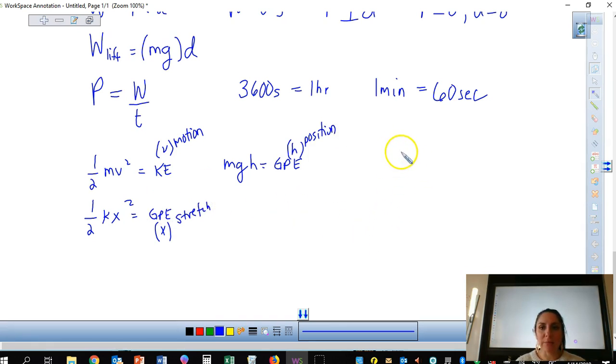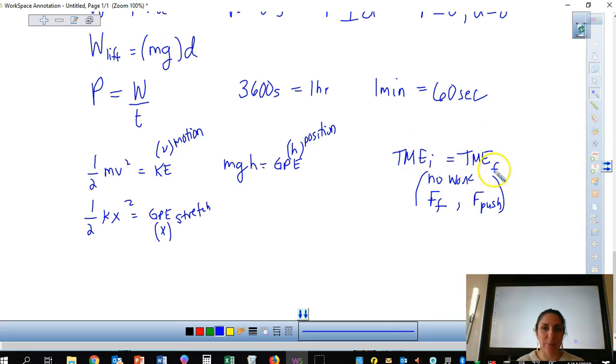And then the last thing we learned is to say that if there's no work done on the system, in other words, there's no force from friction or force from pushing, that the total energy before has to equal the total energy after. Now this is very arbitrary written because it could be displayed in many different ways for many different situations.